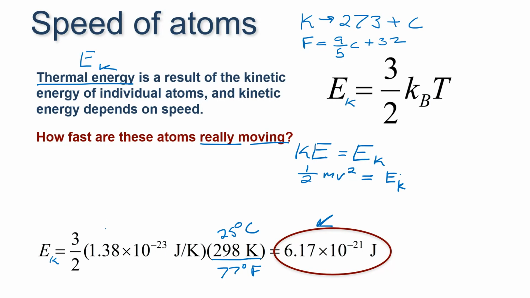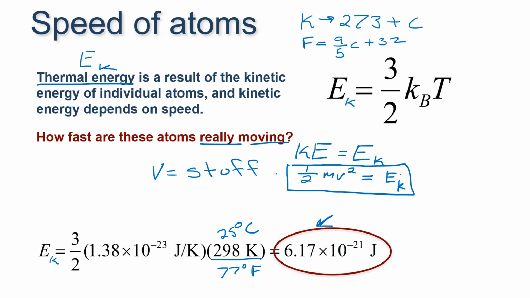All right. So now if I do a little bit of algebra on this, I'll get a new equation. In other words, if I want to figure out how fast something is moving, I'm going to take this equation and algebraically solve for V equals some stuff. So I'm just going to do some algebra, move some things around, okay, and solve for the velocity, and then I can go from there.